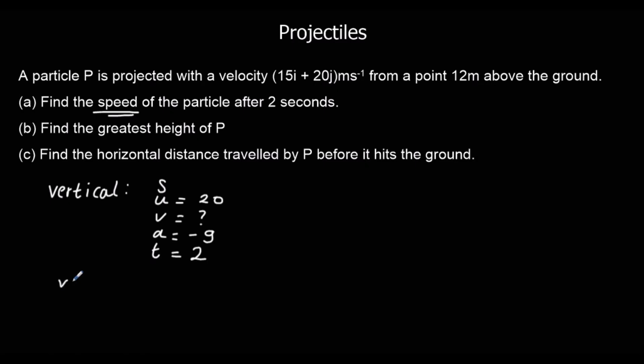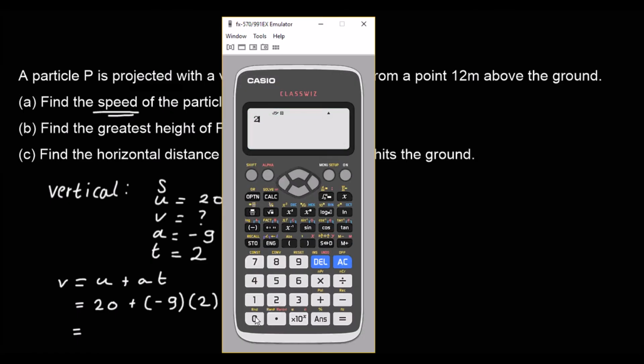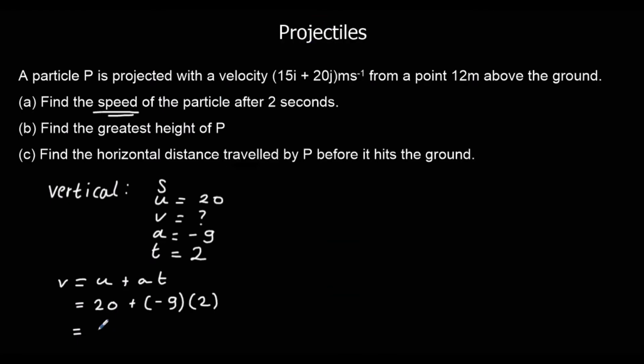So we can work out using v equals u plus at. So it's going to be 20 plus negative g times 2. So 20, take away 2 g's. 20, take away 2 9.8s. And that gives us 0.4. So 0.4 meters per second.